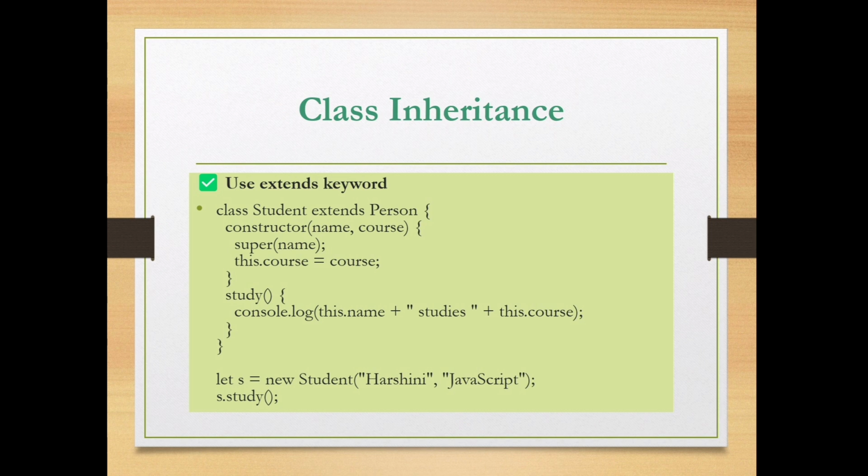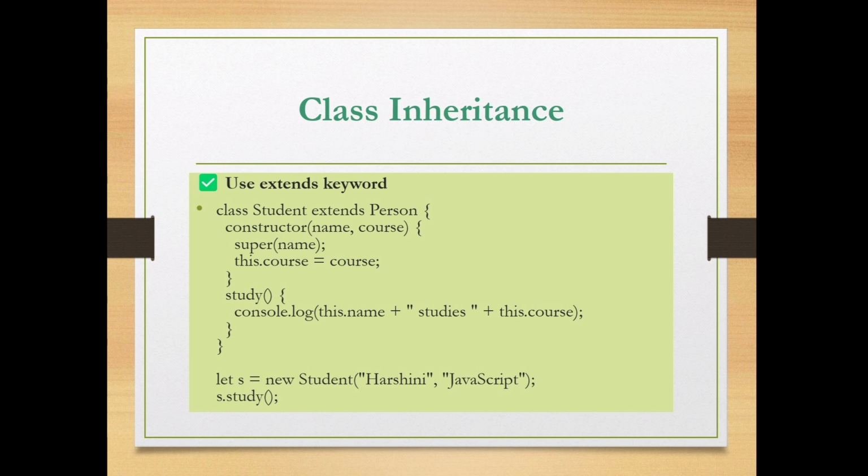We can say that using an old class we can create a new class. Here I am creating inheritance for the old class. Using extends we can inherit a class from this class. Here I am extending person.